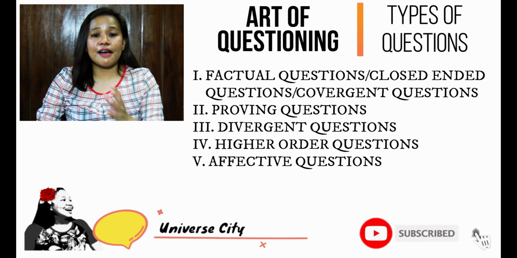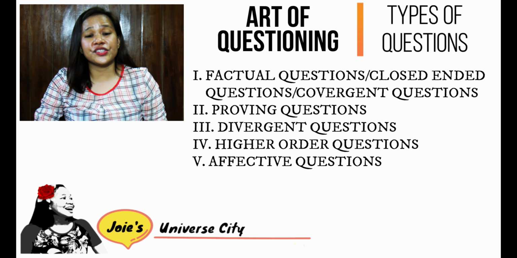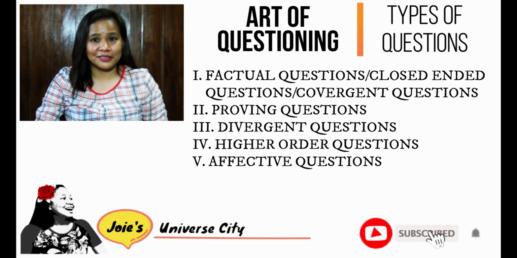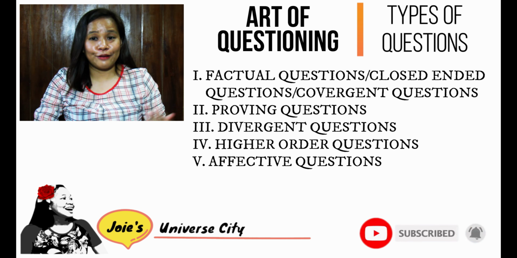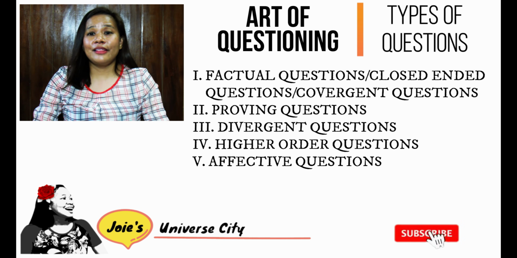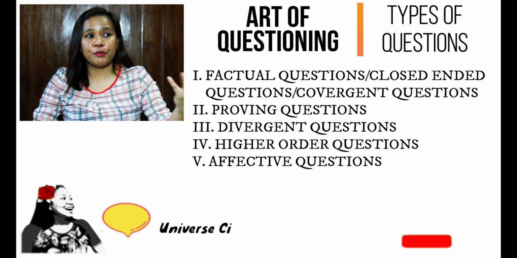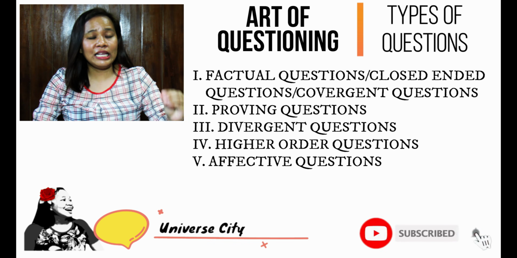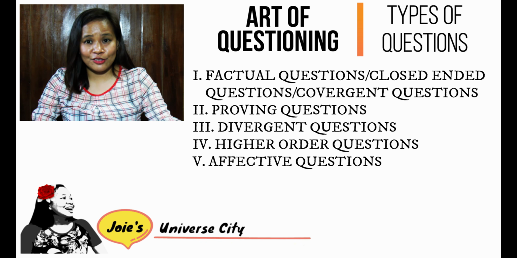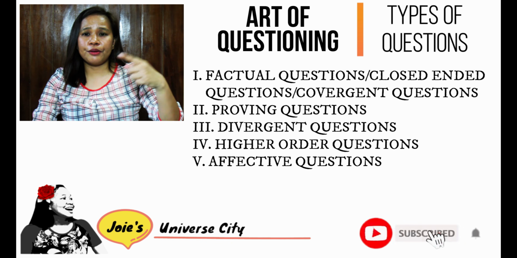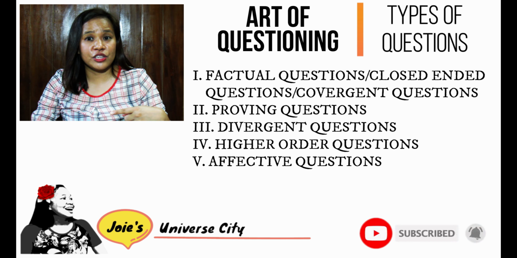Before you could ask affective questions, before you could ask students, how do you feel about that, you have to start asking factual questions, and then start asking probing questions, help students formulate their own answers, lead them to correct answers, and after which give them open-ended questions or divergent questions.